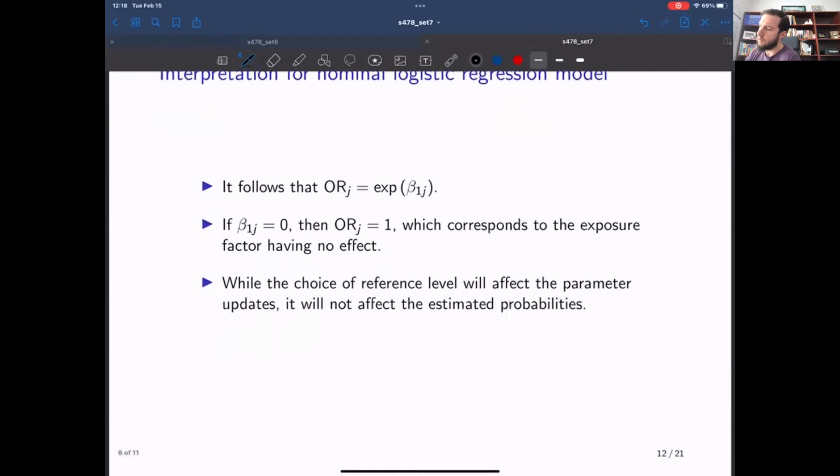From this model, we can also get estimates of the probabilities that each observation belongs to the different groups of the response variable. Regardless of the reference level, those probabilities will be the same. But depending on what we choose as reference levels, the parameter estimates will change. That would mean that the odds ratios would change depending on which groups you are comparing, which I think makes sense.